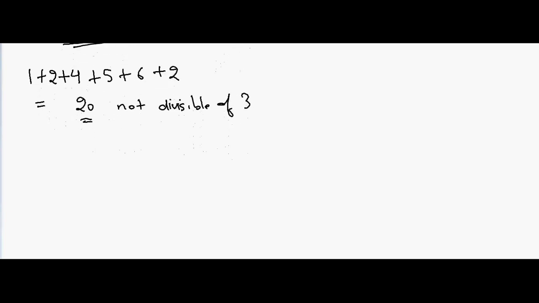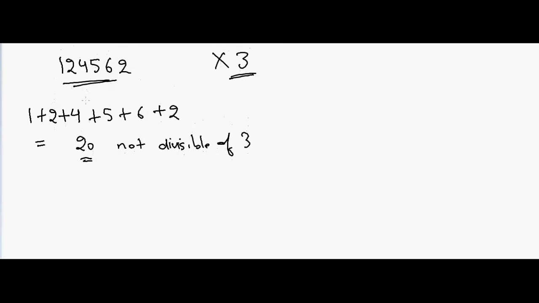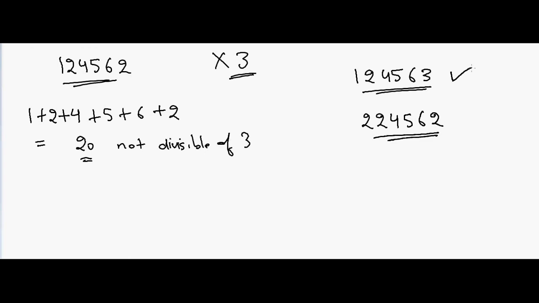So what should the number be if it has to be divisible by 3? Instead of 2, if we make it 3, so 1, 2, 4, 5, 6 and we write 3 in the end, then the sum becomes 21, so that number should be divisible by 3. Or we can change any other digit. We can say 2, 2, 4, 5, 6, 2, that should also be divisible by 3.